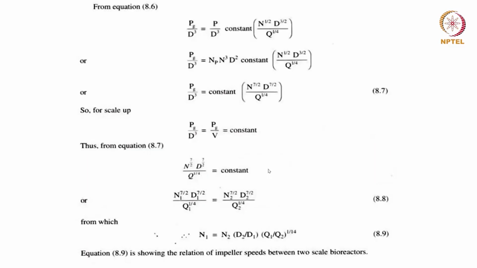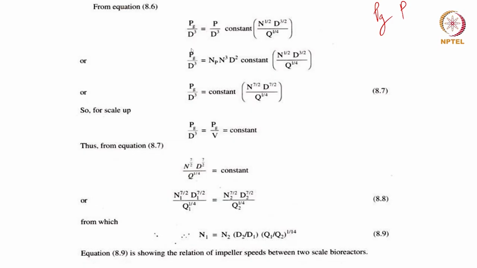So if the gas power requirement per unit volume is the scale up criteria, which means PG, the gas power requirement is being called as PG. The ungassed power requirement is P naught or P here, shown on the slide.